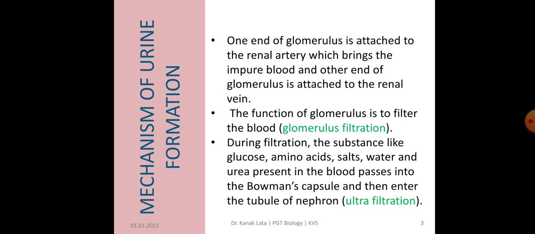Blood is filtered so that almost all the constituents of the plasma except the proteins pass on to the lumen of the Bowman's capsule. So it is called the process of ultrafiltration.